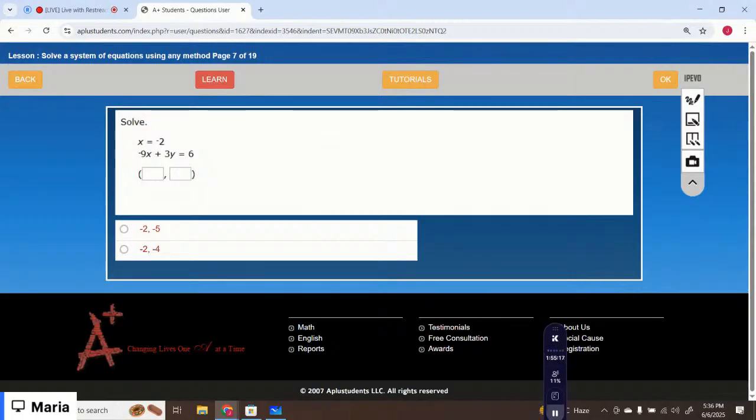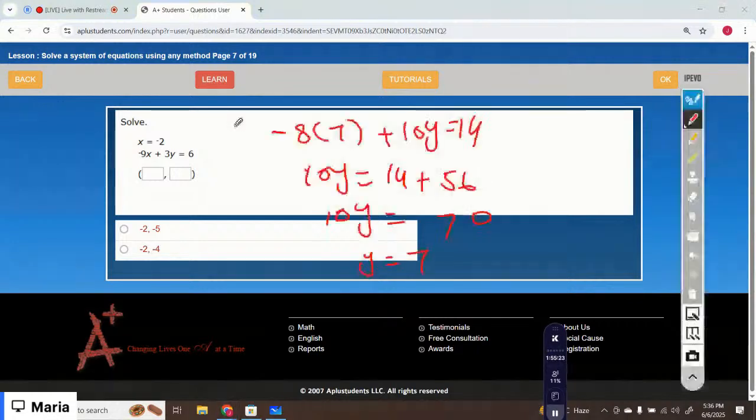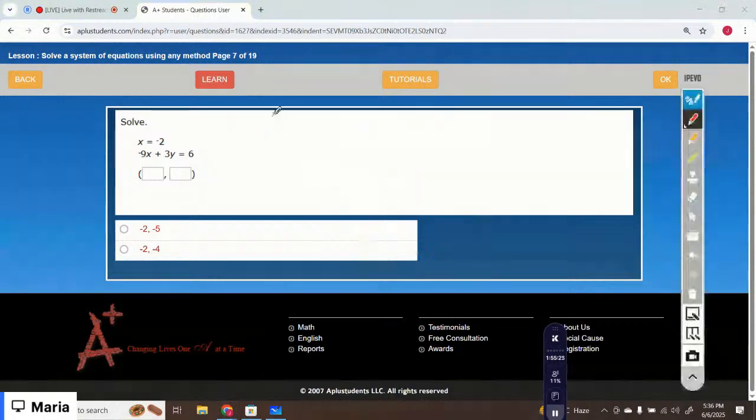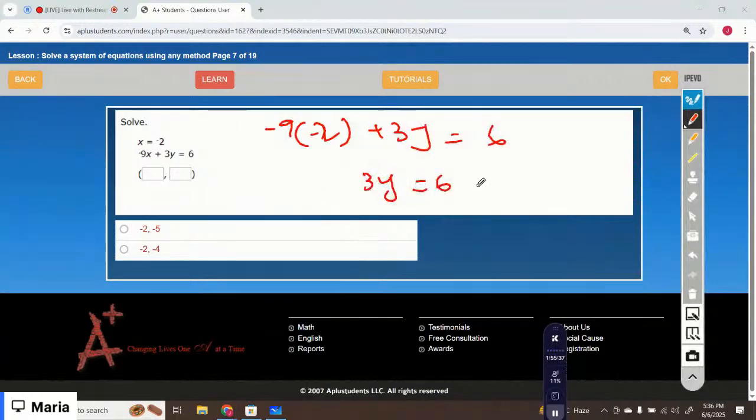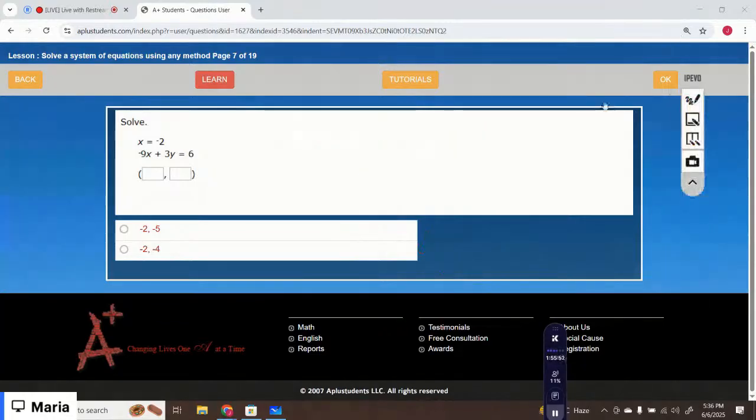Let's substitute x equals negative 2 in the second equation. Negative 9 times negative 2 plus 3y equals 6. 3y equals 6 minus 18. 3y equals negative 12. So y equals negative 4. Option number 2 is the correct option, that is negative 2 and negative 4.